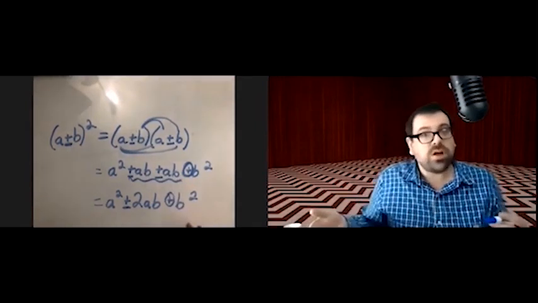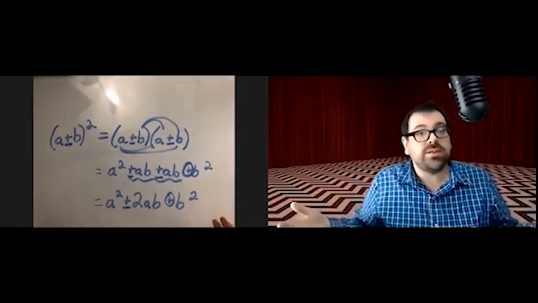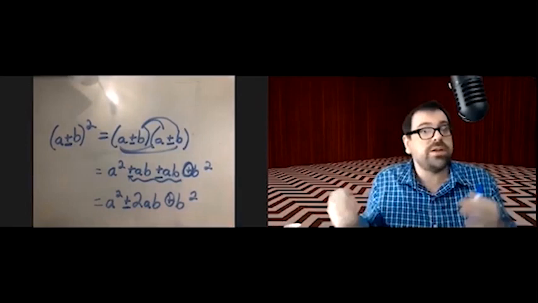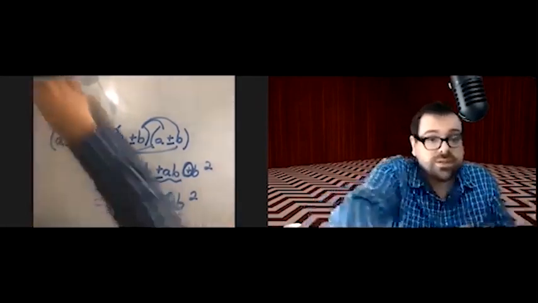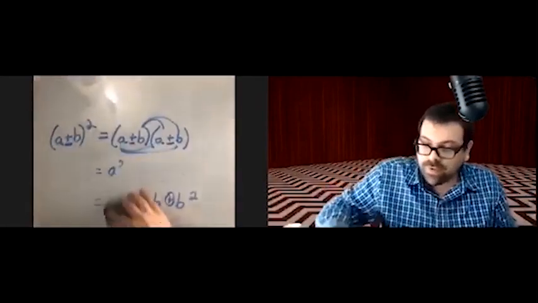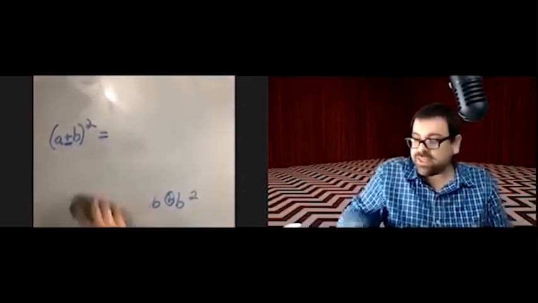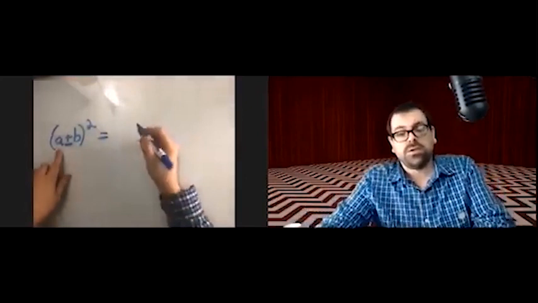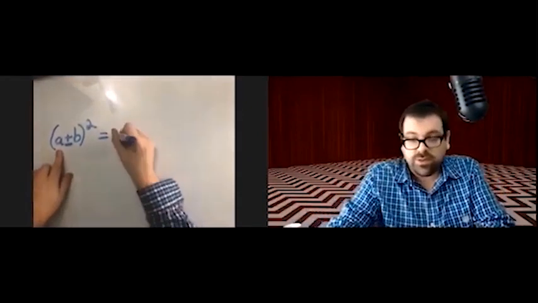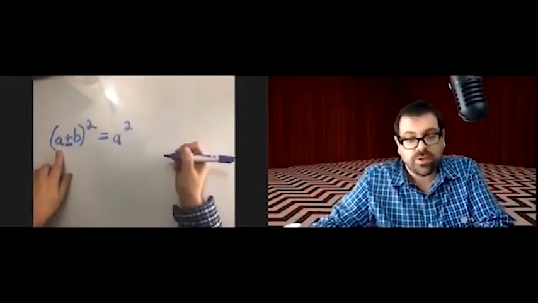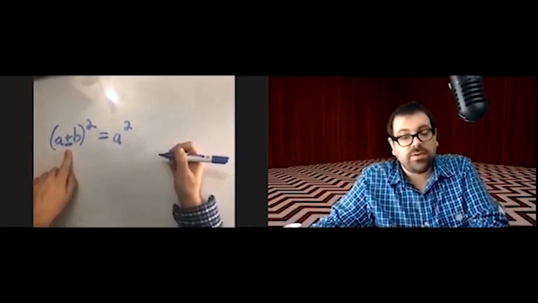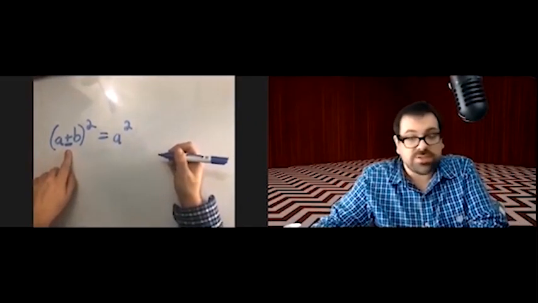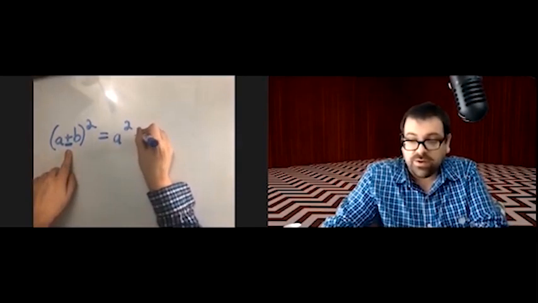So we could do it the long way. There's nothing wrong with doing it the long way. If the formula confuses you, you don't have to use it. But if you did want to use it, it makes things quicker. You would square the first. And then whether it's plus or minus, that's what you would put here.